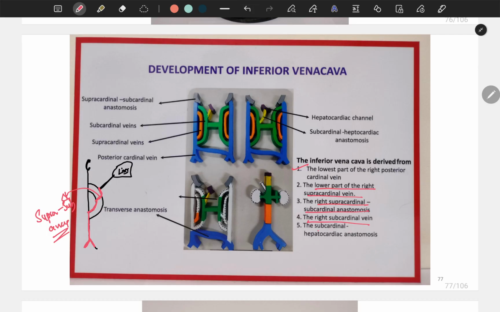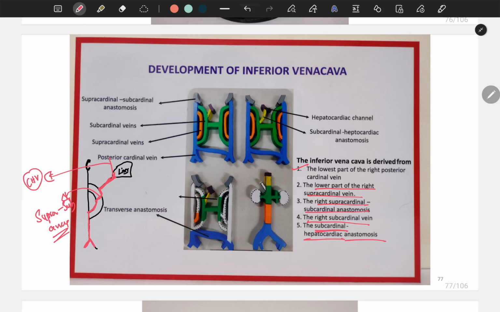vein and subcardinal hepatocardiac anastomosis, that is this between the liver and the subcardinal vein. And from here you'll get another, that is common cardinal vein, common hepatic vein. So it is common hepatic vein.